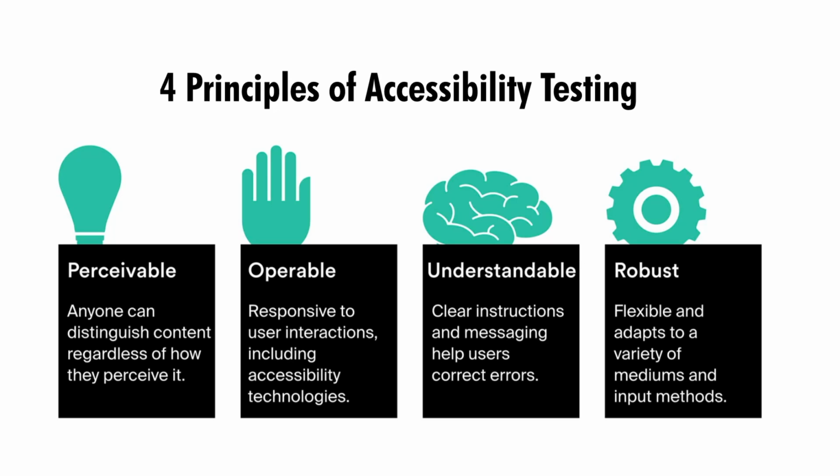Your OER should be consistent in its presentation format, predictable in its design and usage, and appropriate to the audience in its voice and tone. Next one is robust. The content must be robust enough that it can be interpreted reliably by a wide variety of users, allowing them to choose the technology they use to interact with websites, online documents, multimedia, and other information formats. Users should be allowed to choose their own technologies to access OER contents.